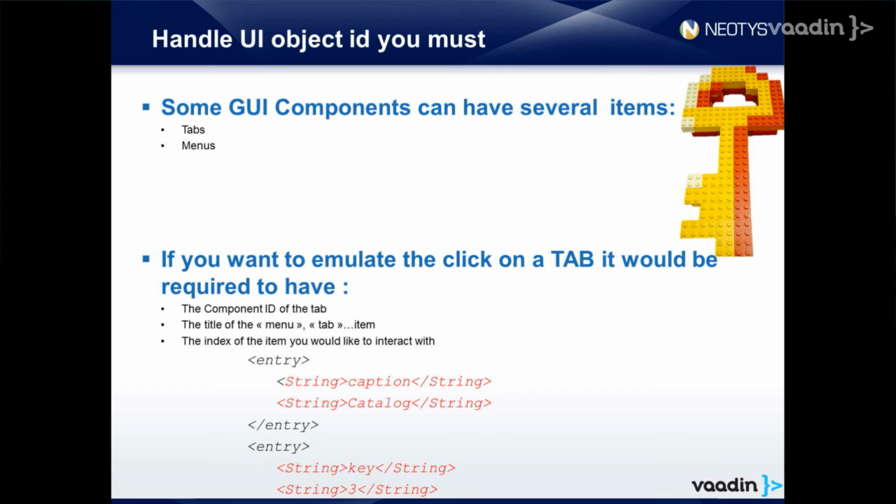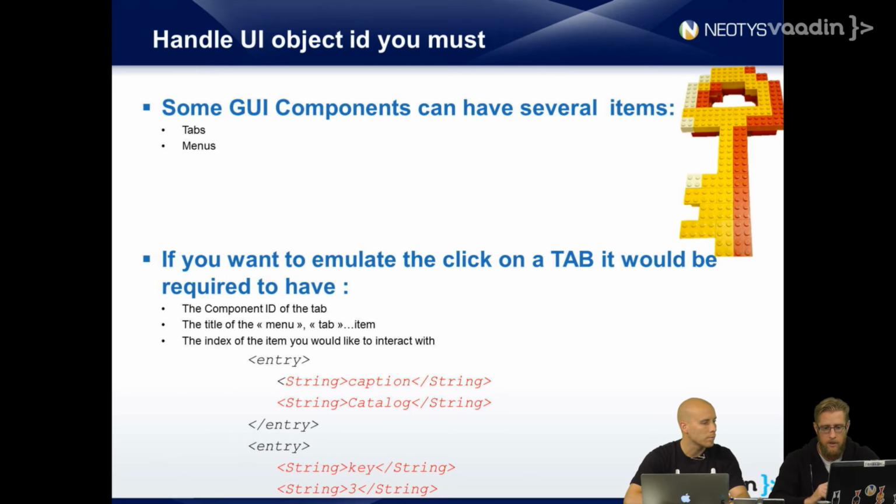Another type of object is tabs or menus, where in a menu or a tab you have several elements where you click on it. If you want to make sure that every time you click on the right tab, then you need to correlate that component ID, of course, and the key, the index, the right tab where you're clicking on the UI.